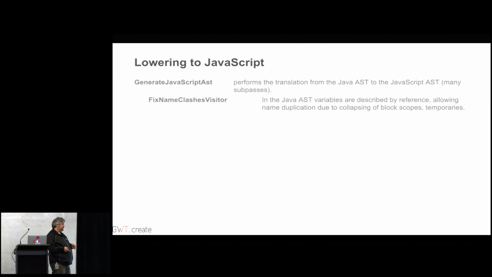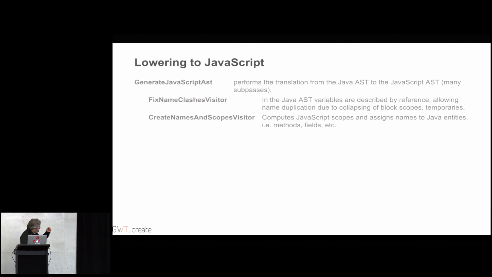We will move the definitions to the method and keep the names colliding. We don't care because all the references are already resolved and they're pointers to the variable object. But when we lower to JavaScript, we need to assign a name, and we use the Java names to get nicer naming in JavaScript. So we have this visitor that, before we generate the JavaScript AST, fixes all the variables that are duplicated in every scope.